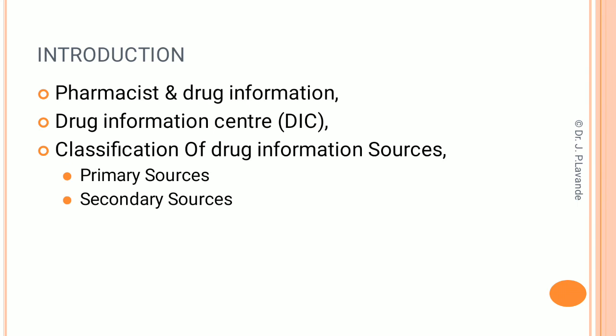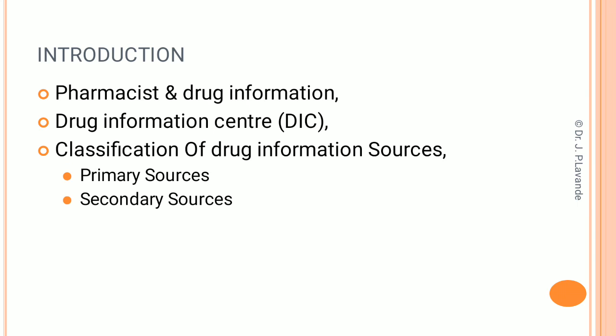Drug information is the knowledge gathered, even in written form, books, journals, periodicals, etc., or transmitted by oral communication or by electronic device, of the physical, chemical, biological, and healthcare services.